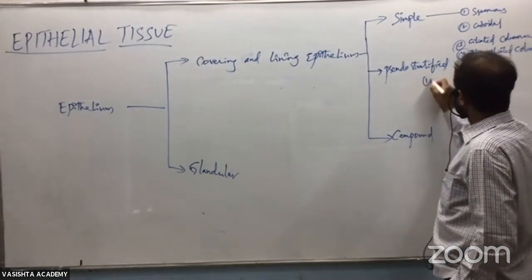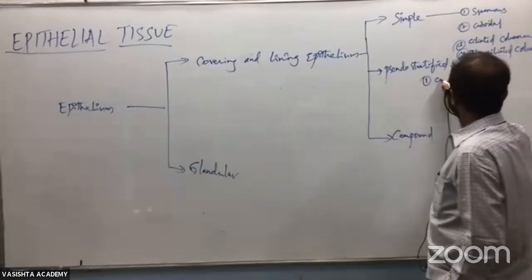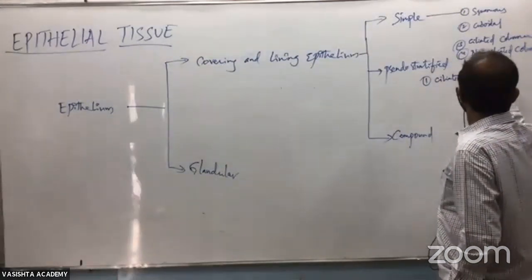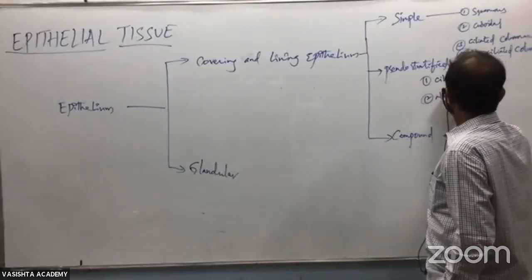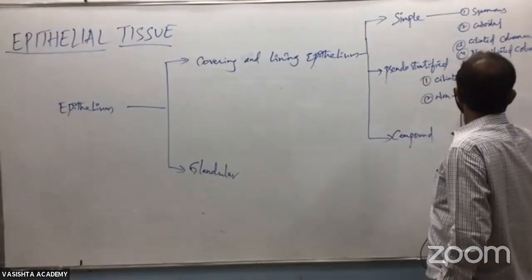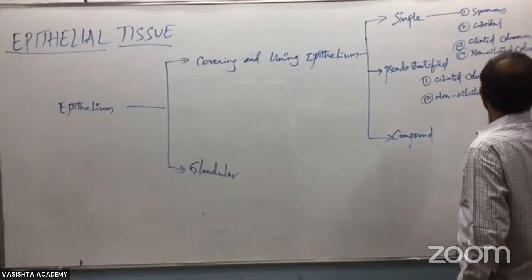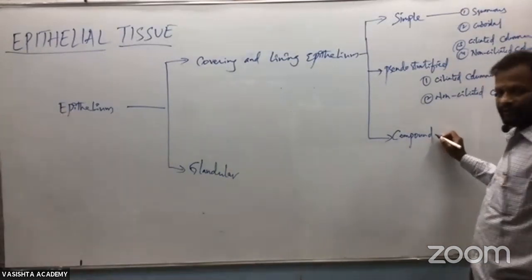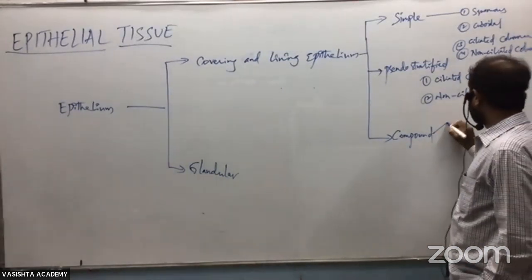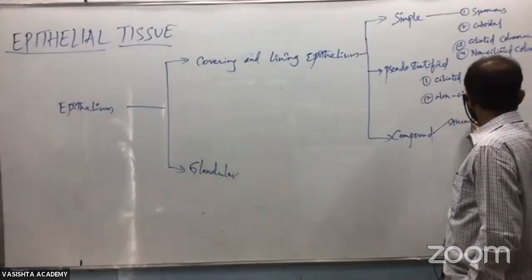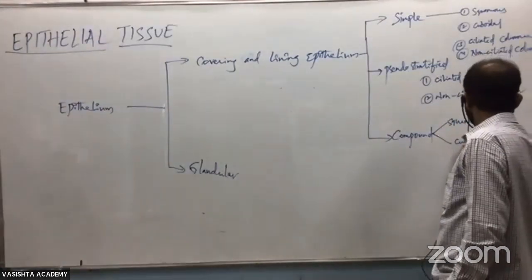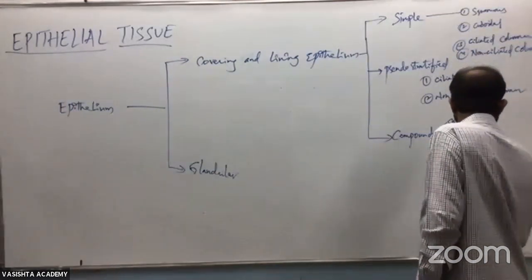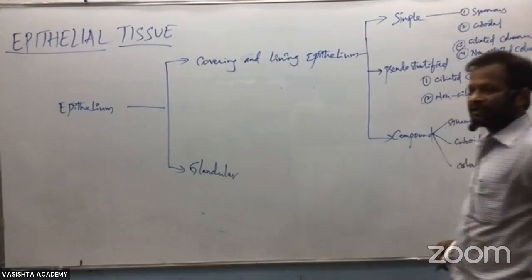In this pseudostratified, ciliated columnar, non-ciliated columnar. In this compound, again we get squamous, cuboidal, columnar.